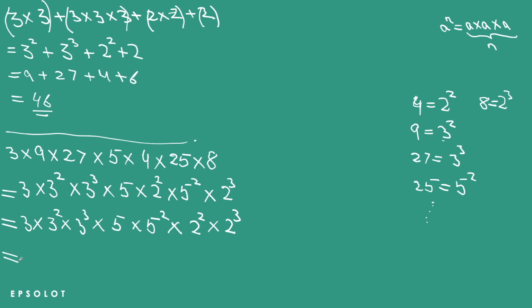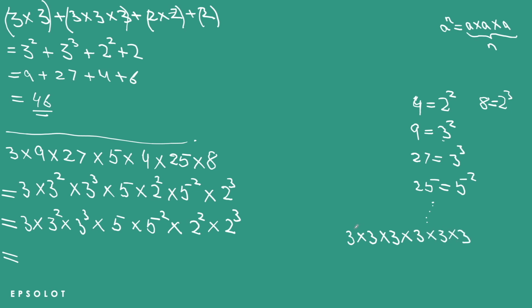There we go. Since they're being multiplied together, let's write these three terms out so you can visualize what they mean. 3 times 3 squared means 3 times 3. 3 cubed, or 3 to the power of 3, means 3 times 3 times 3.